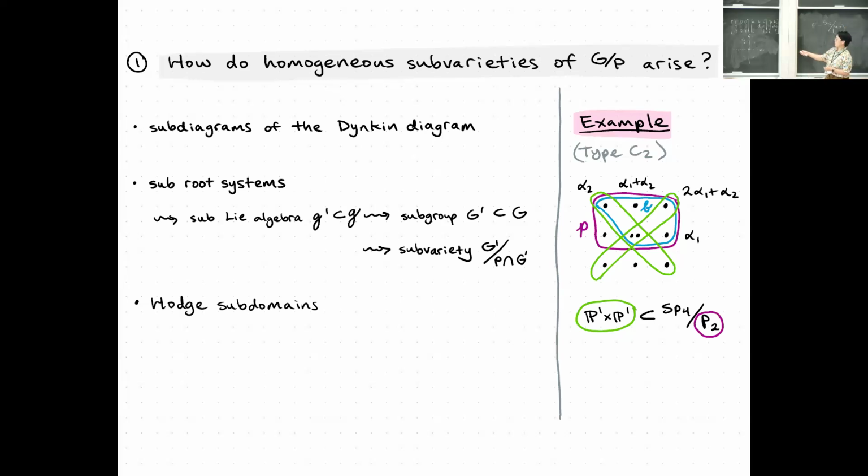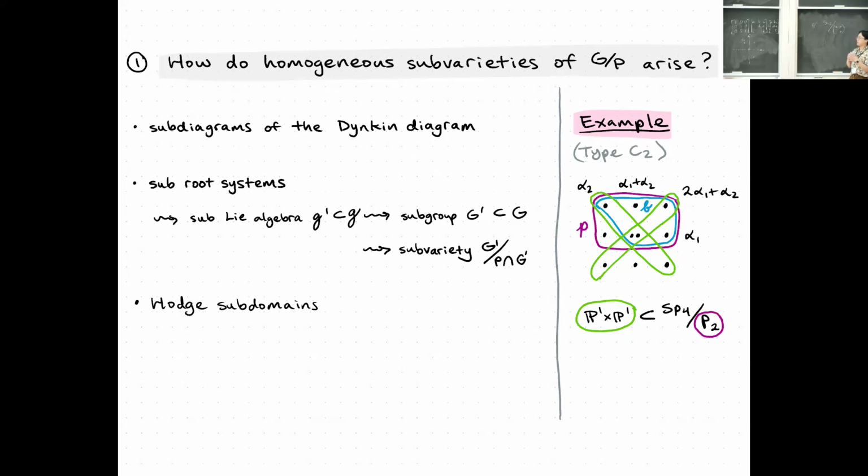If you look at this subroot system, that's an SL2 root system, and then you also have another one along the other diagonal. So you can look at this P1 cross P1 inside of SP4 mod that parabolic.